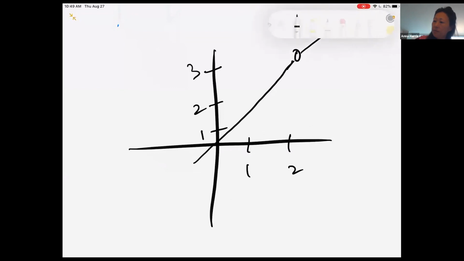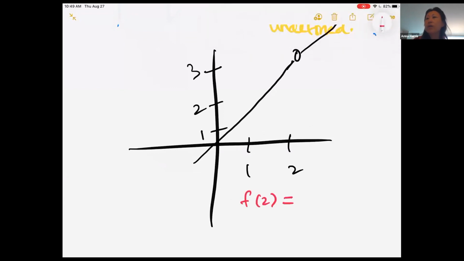So f of 2, what is my f of 2? Does it have an open circle? Right? Then I know automatically what to say: does not exist.